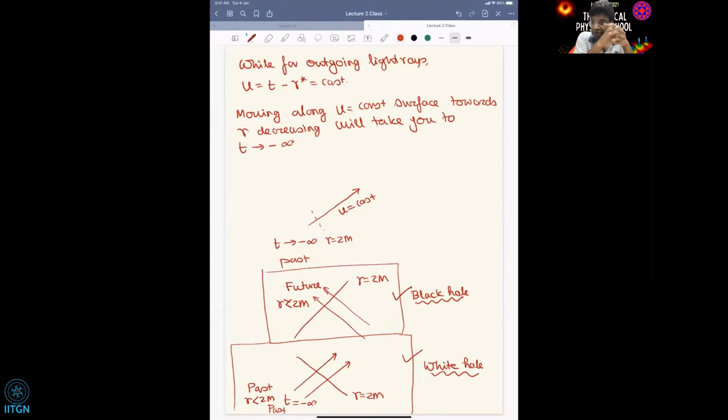It could be in the past, where light rays are coming out of it, or in the future, where light rays are going into it. Both are perfectly acceptable solutions of Einstein's equations. So what is important is that using null geodesics, we have discovered new regions in spacetime which were not covered in the good old Schwarzschild coordinates.